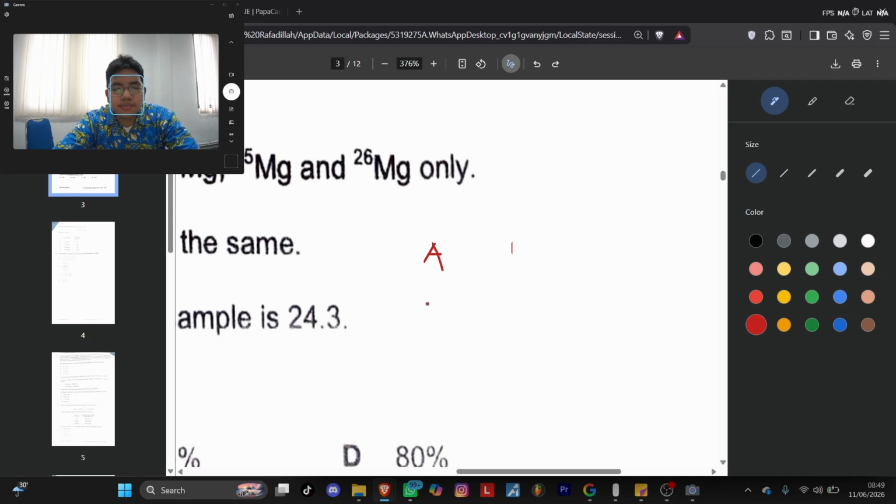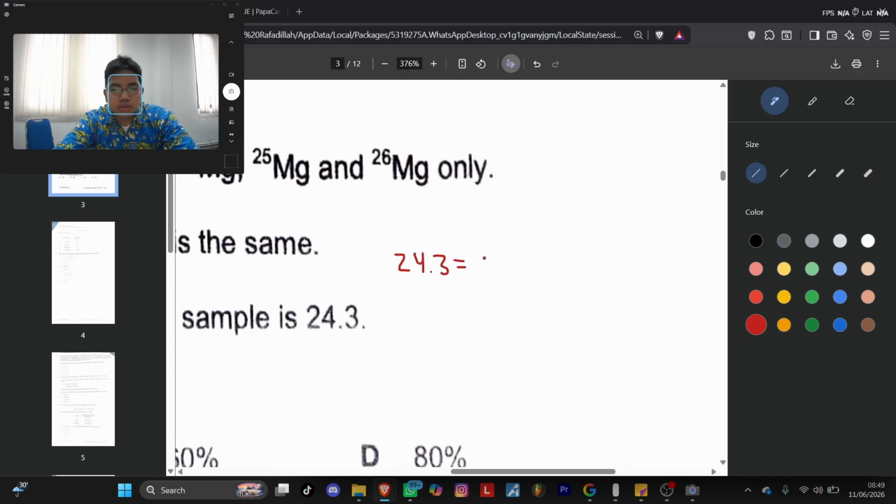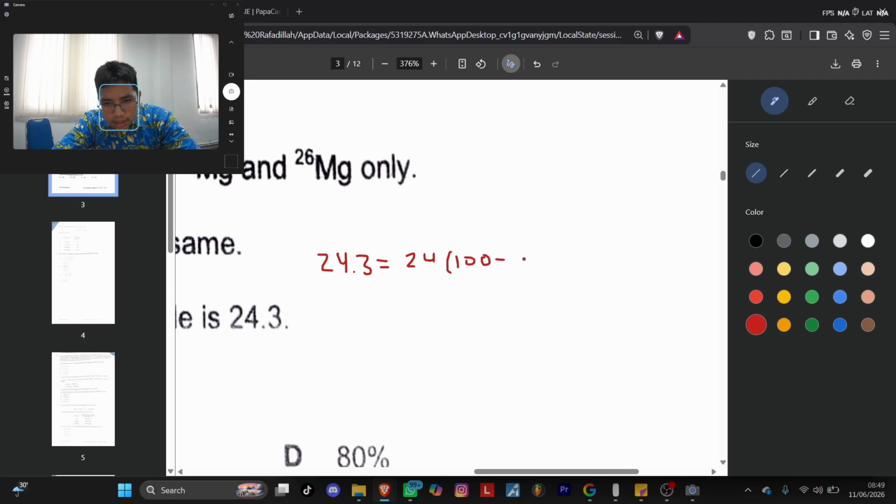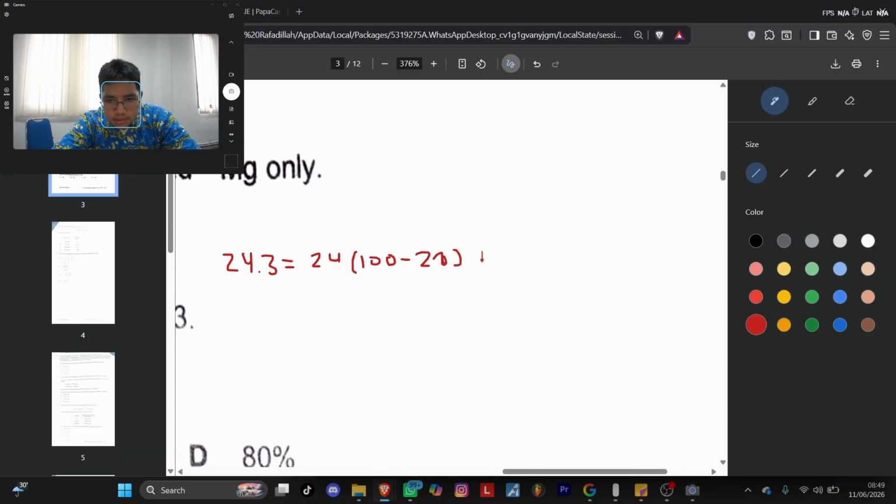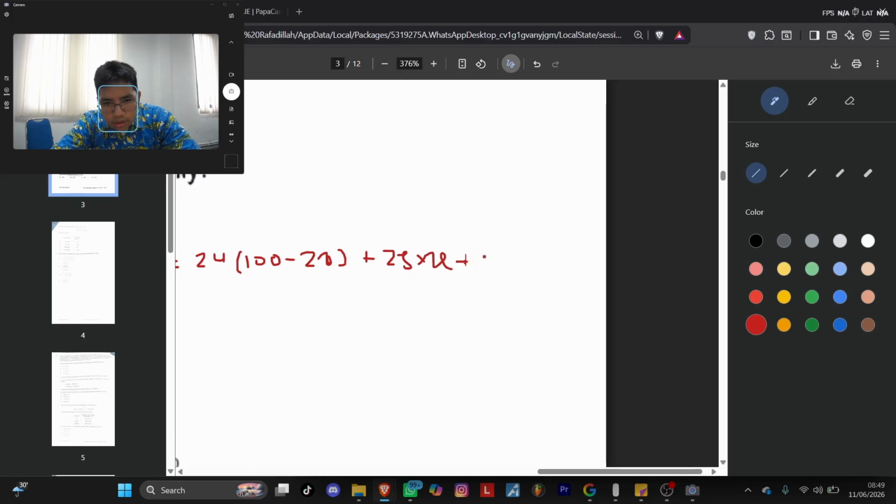We already know the Ar, so 24.3 equals 24 times (100 minus 2x), plus 25 times x, plus 26 times x, all over 100.